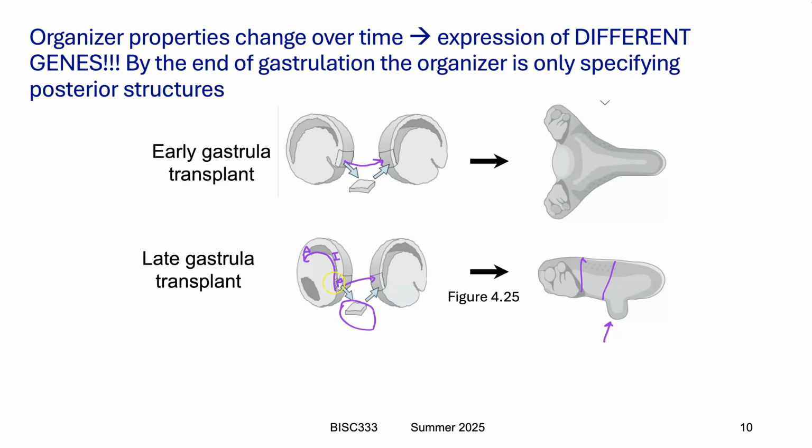And so that's evidence that as the organizer, it's not particular cells; as the cells move through and internalize and are passing this important region, the gene expression changes with time. And so the cells that are in that region are receiving different anterior versus posterior information.